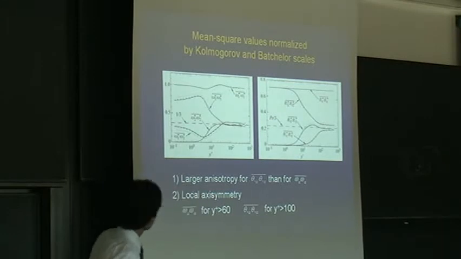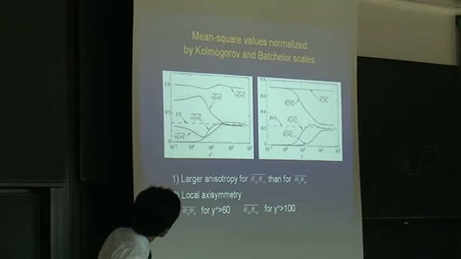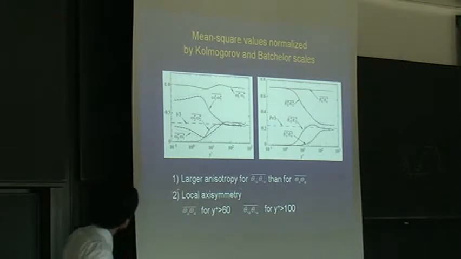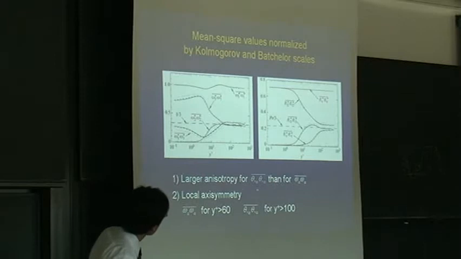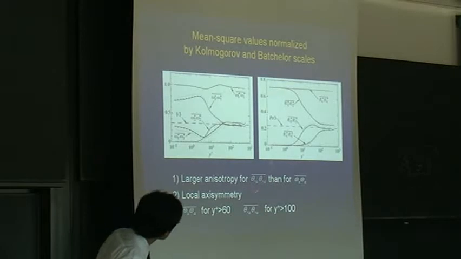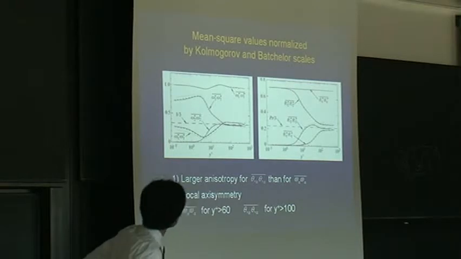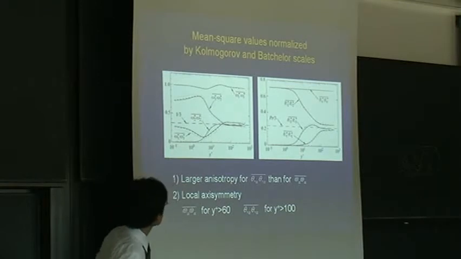As you see, neither the vorticity nor the scalar derivative component goes to the isotropic value. Also, there is a larger anisotropy for the scalar derivative components than for the velocity components. This is consistent with the previous experimental results by Srinivasan et al. and also Krishnamoorthy and Antonia.